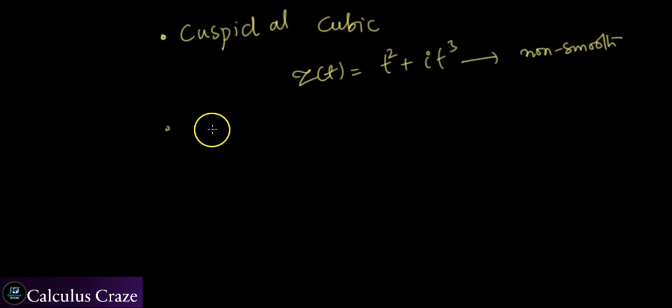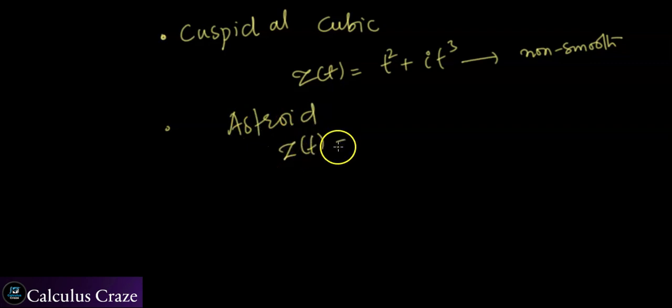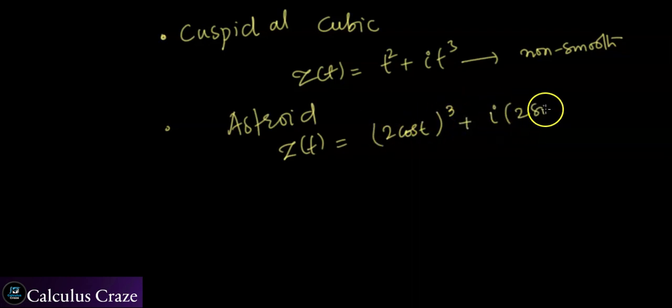You can also check the asteroid. Its equation is given by z of t equals 2 cos cubed t plus iota times 2 sin cubed t.